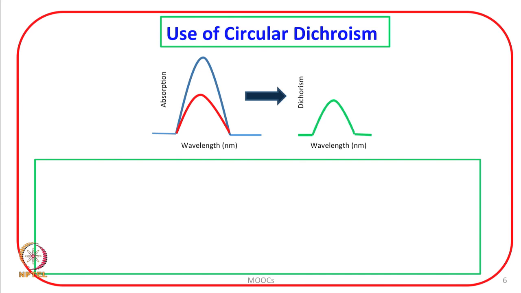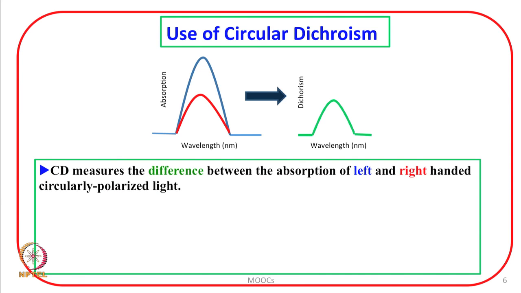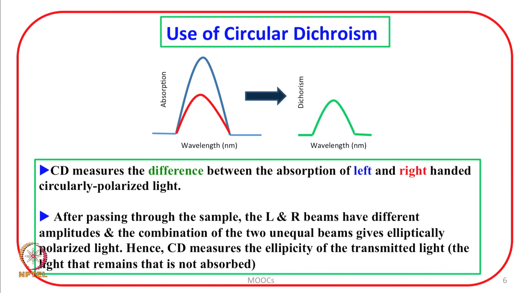The main features that we need to know are that CD measures the differences between absorption of left and right handed circularly polarized light. And let us keep in mind the next comment also, that after passing through the sample, left and right circularly polarized lights have different amplitudes, and the combination of the two unequal beams gives elliptically polarized light.